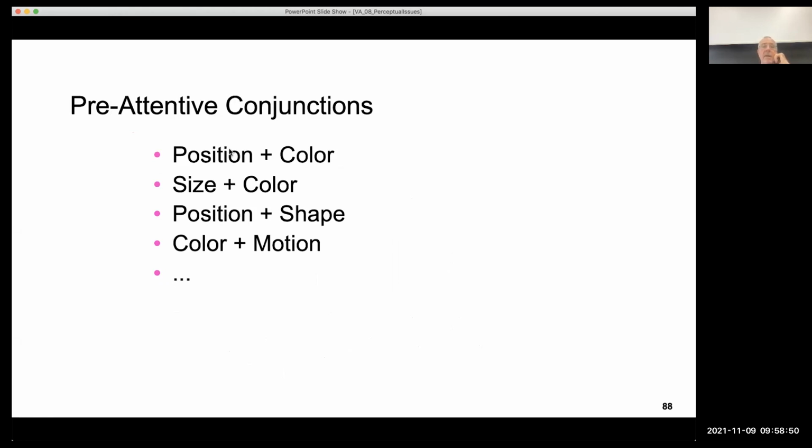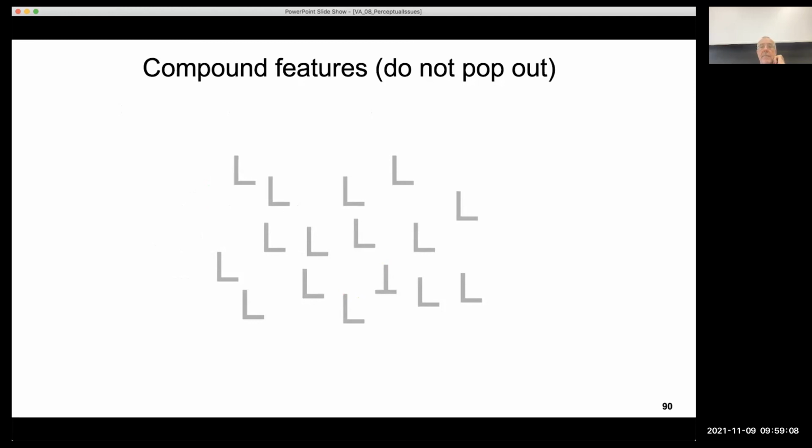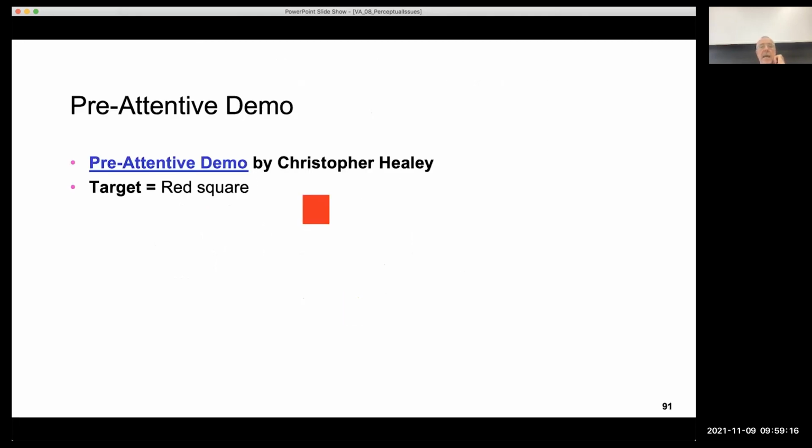This is a combination: position plus color, size plus color, position plus shape, color plus motion. If you combine them, you don't perceive the element quickly. Even here, to find this item takes more time than usual. You're combining two features.